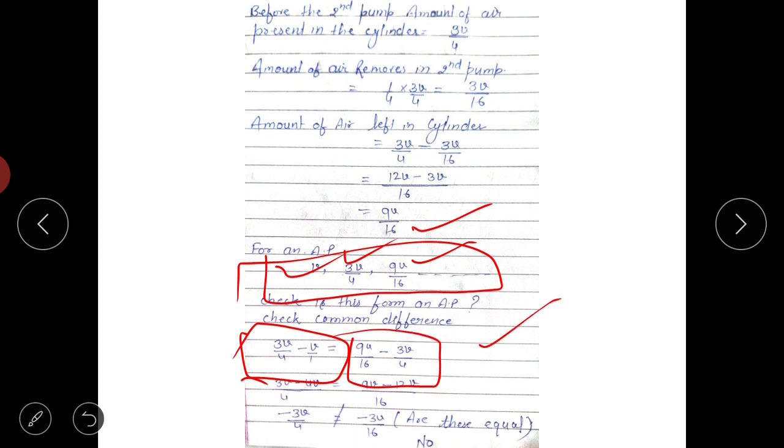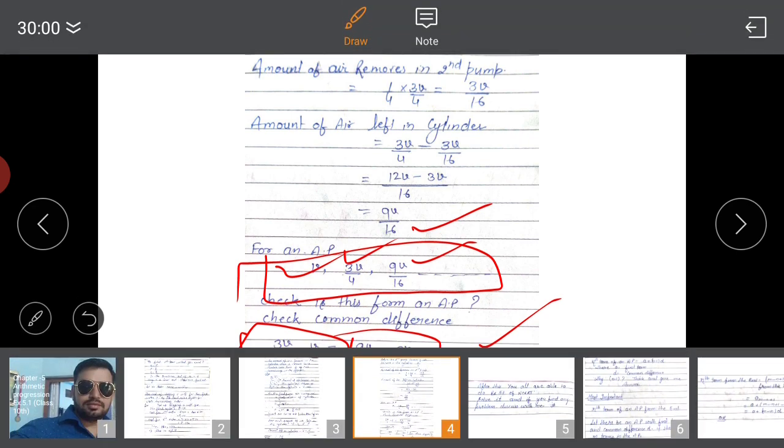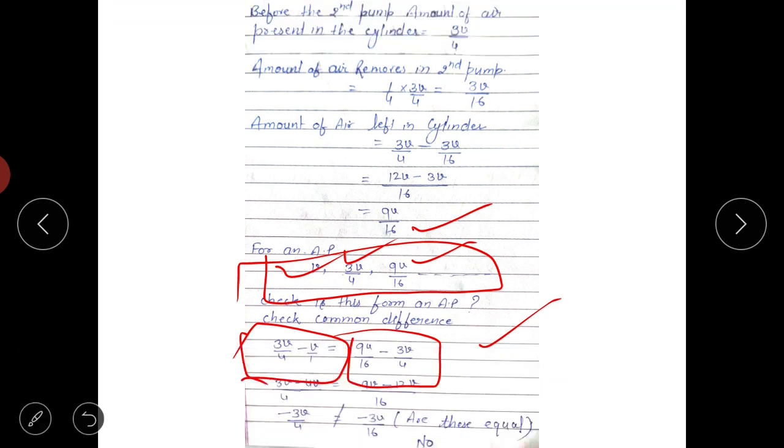So we put the equal, 3V by 4 minus V, taking LCM both sides: 3V minus 4V upon 4 is equal to, taking LCM 16, 9V minus 12V upon 16. So minus V by 4 is not equal to minus 3V by 16. So this is not an AP.